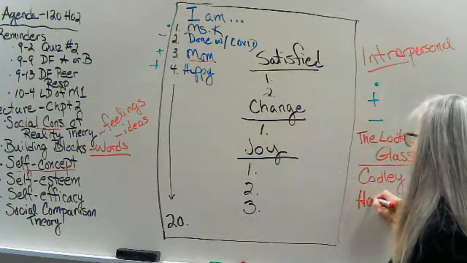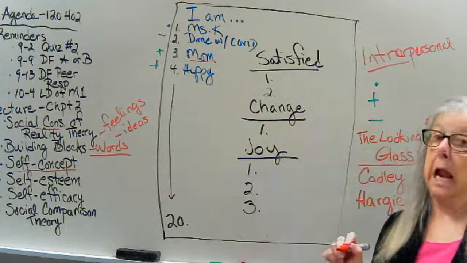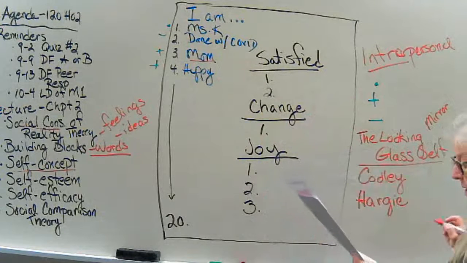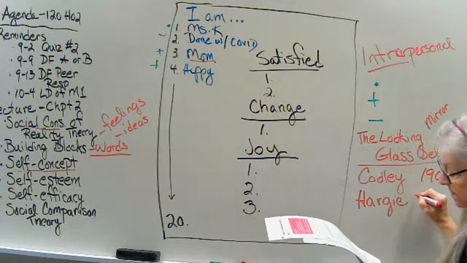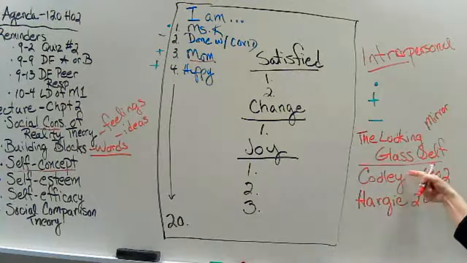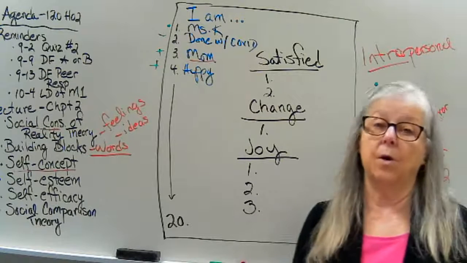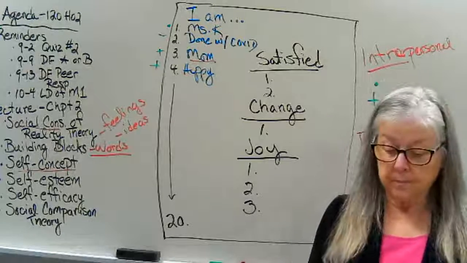And Hargy is mentioned in your textbook a lot, all right? Hargy came out in 2000, so this is 1902, and this is 2011. Hargy extended this concept and gave us even more insights into what it means, all right?